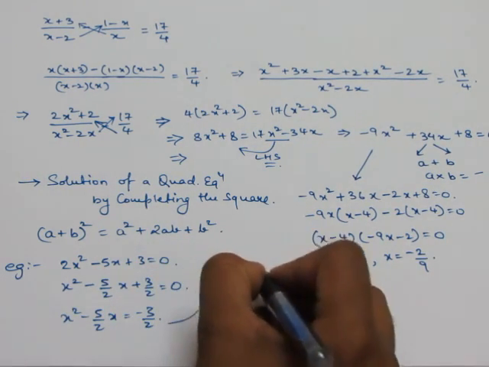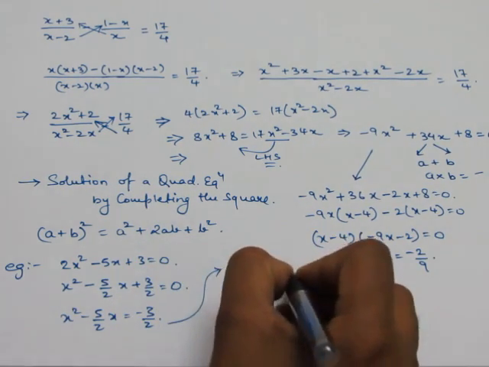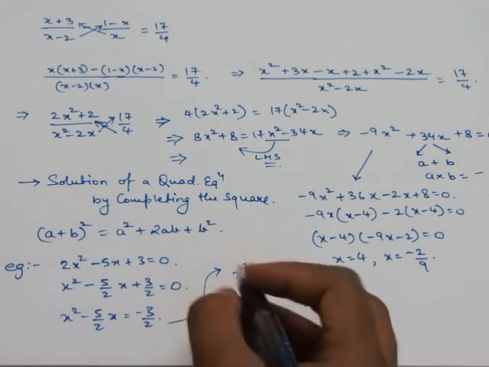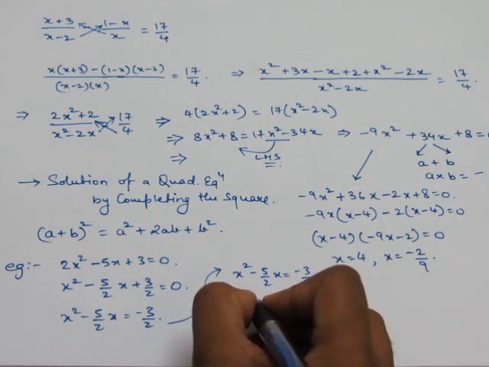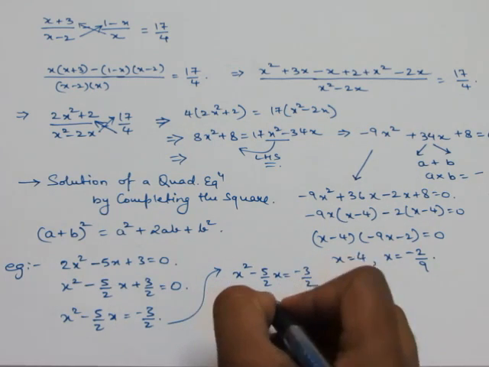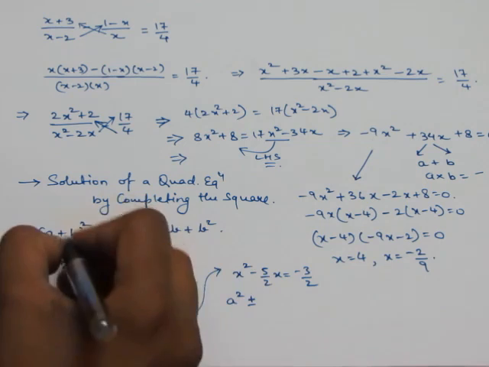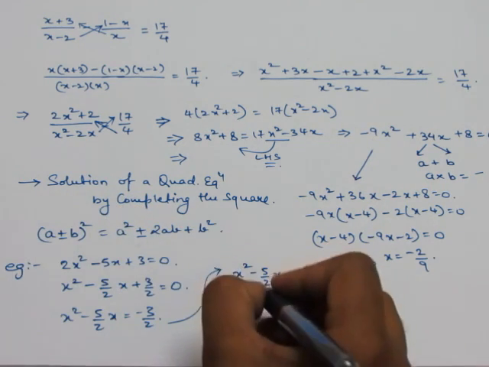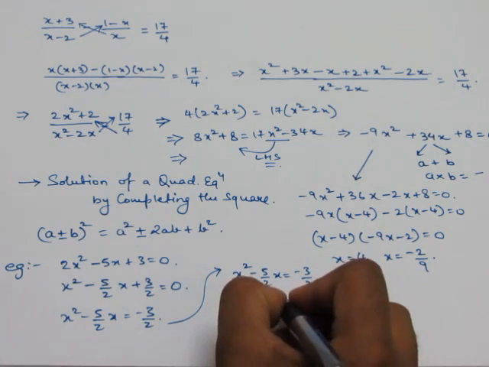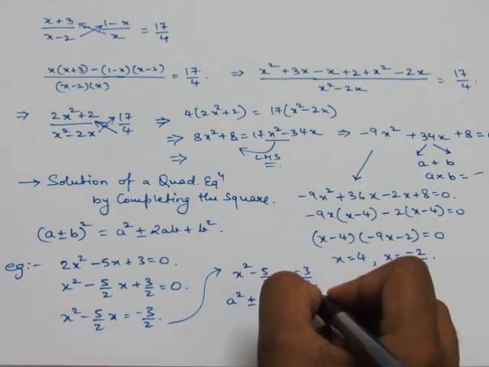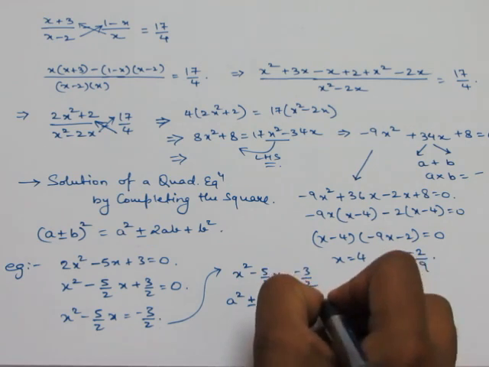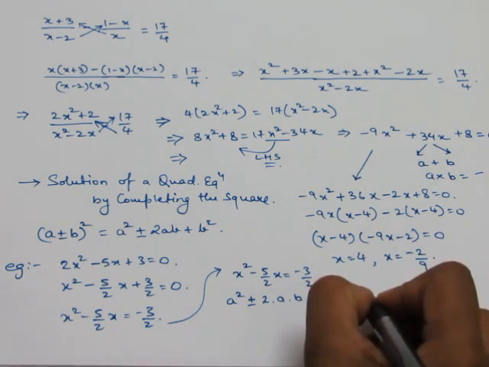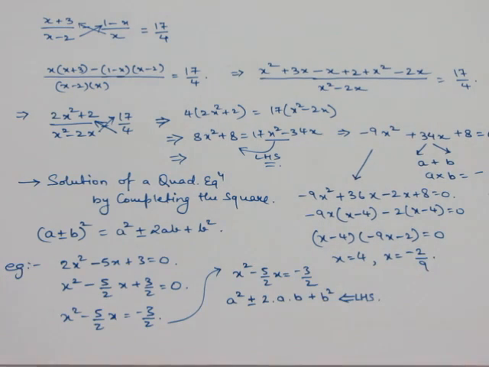So I have x square minus 5 by 2x equals minus 3 by 2. I need something a square plus or minus 2 into a into b plus b square. This must be my LHS.